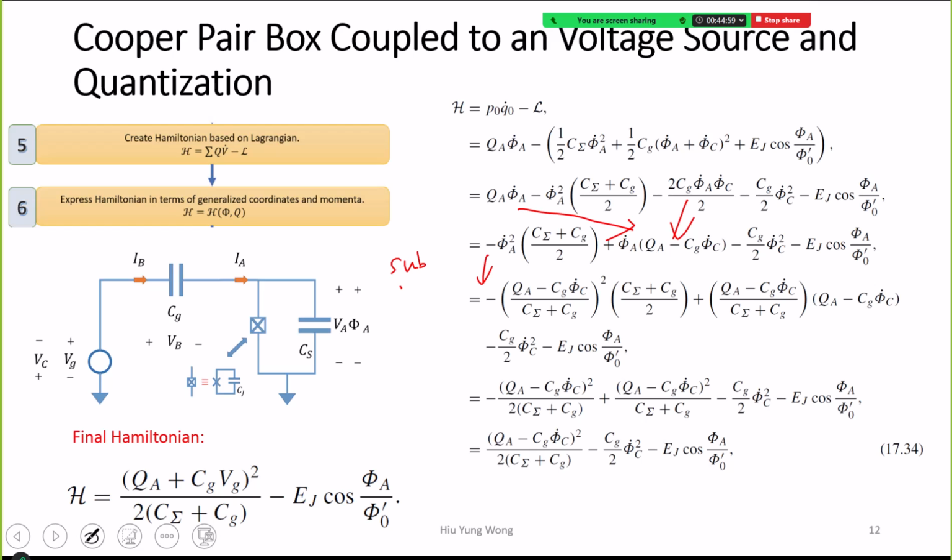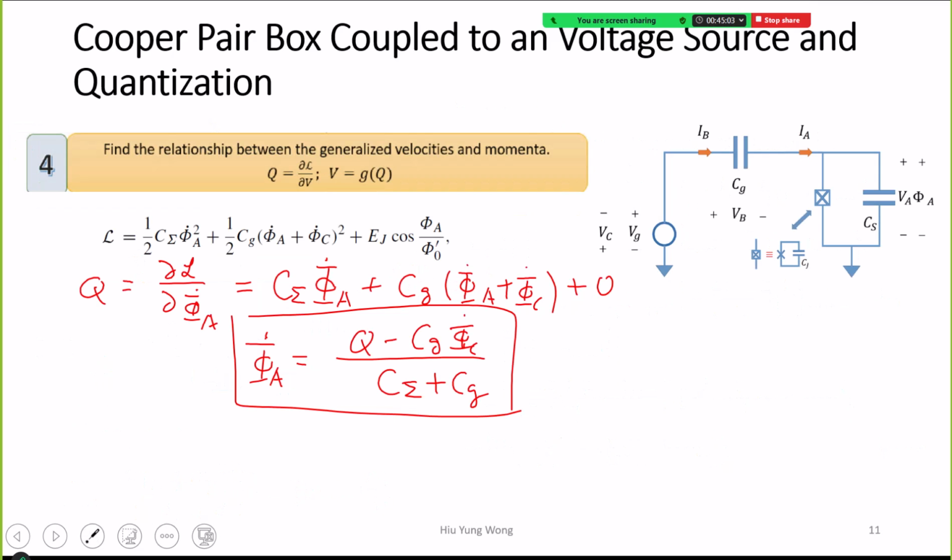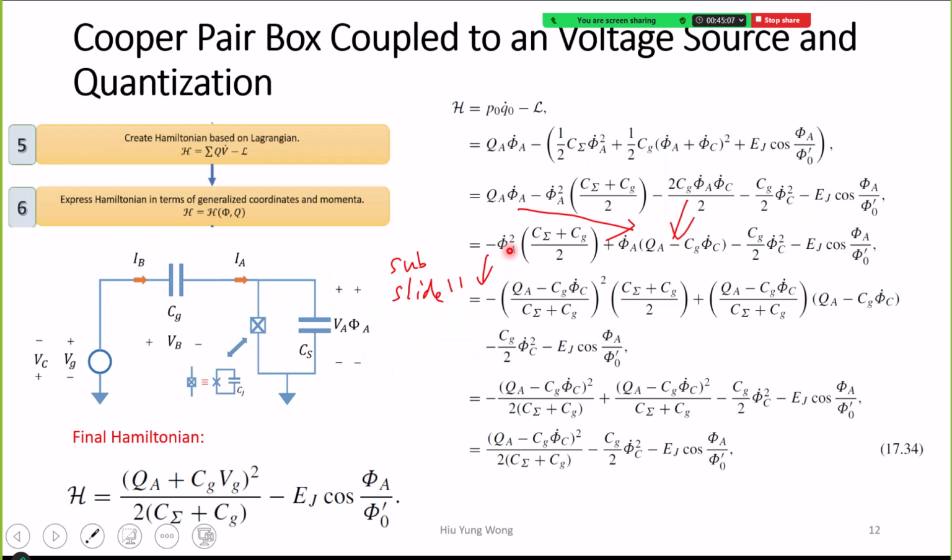Substitute slide 11. I substitute this equation, phi A dot equal to this big term. Just phi A dot, big term square. The rest I just copy phi A dot, big term, times this guy, and then subtract this. And you just go through them, you see that you can cancel some of the terms.